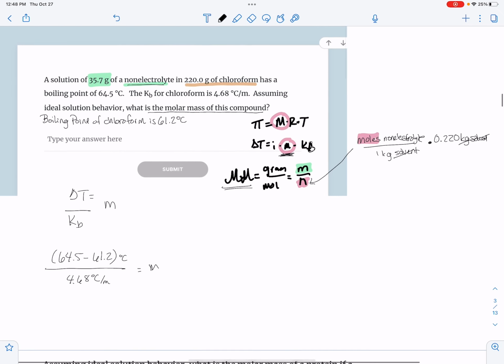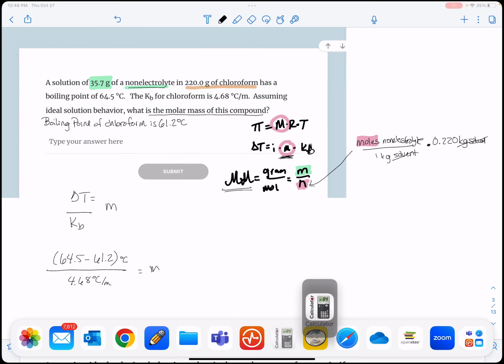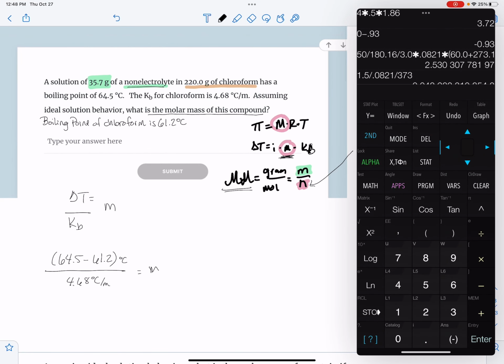So if I bring in my calculator, I'm going to have my molality. Let me bring that down so you can see it. So 64.5 minus 61.2 divided by 4.68. There we go.